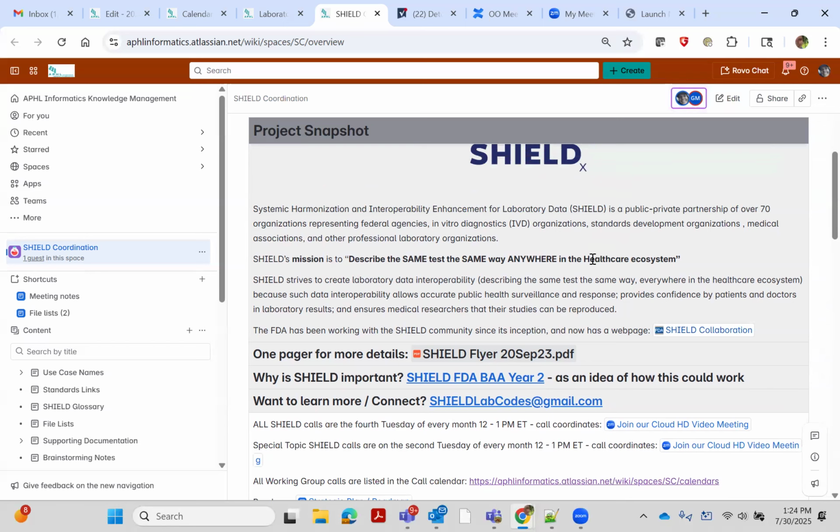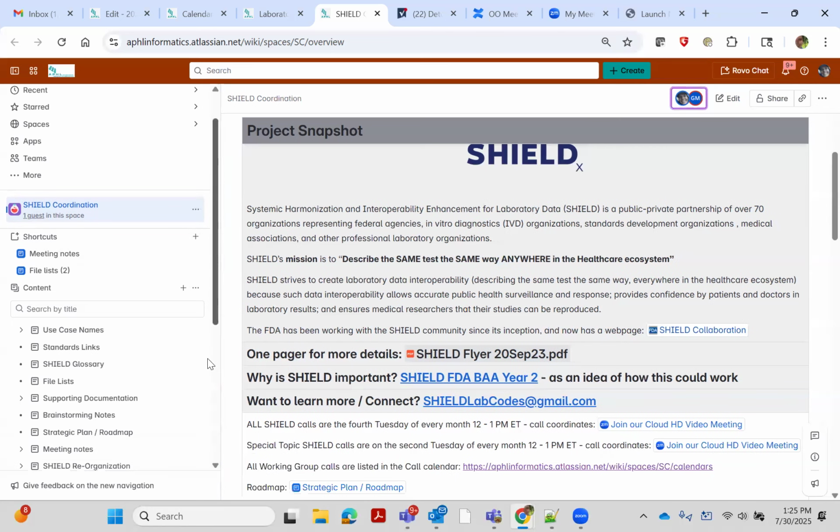So we spent almost a year doing the administrivia of becoming an official FDA collaborative community with a charter and all of those things. So you can find all of those things over here on the left.